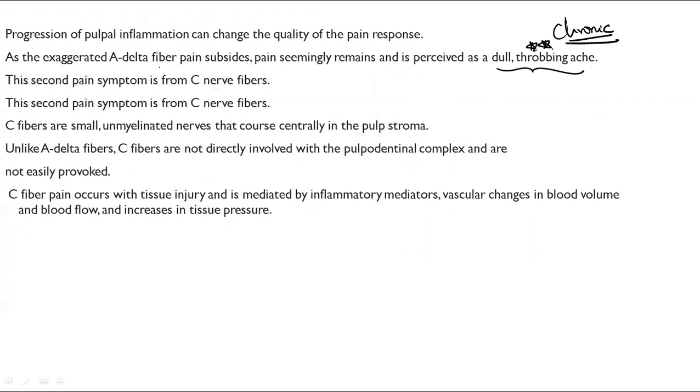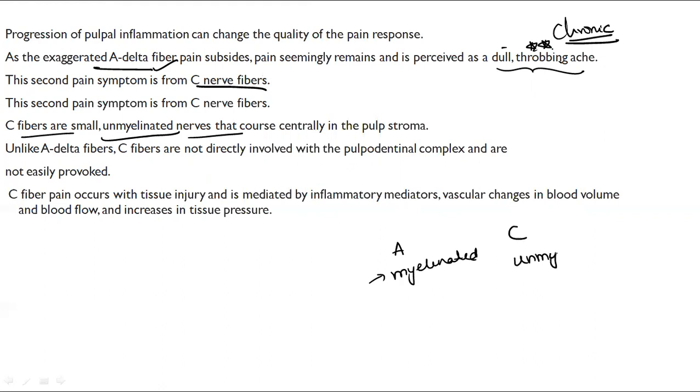Okay, so the pain that is dull and throbbing is from C nerve fibers. The pain that is acute and really strong is because of A delta fibers. That is the topic that I'm trying to explain to you. C fibers are small unmyelinated nerves. So A fibers are myelinated, whereas C fibers are unmyelinated.